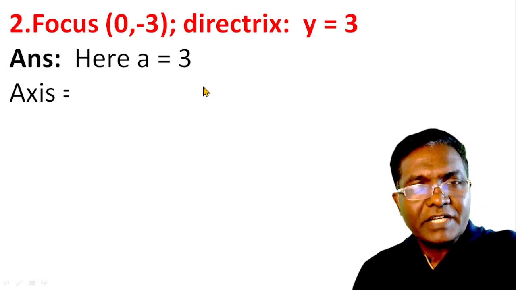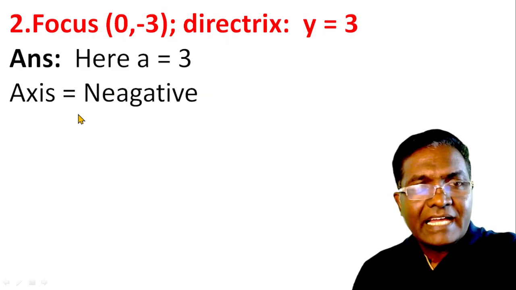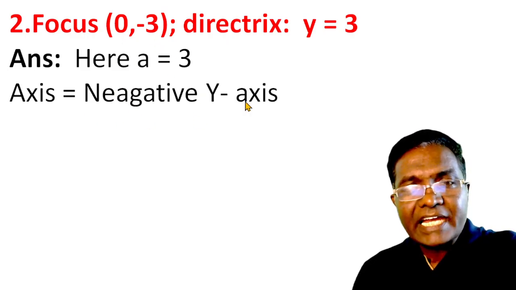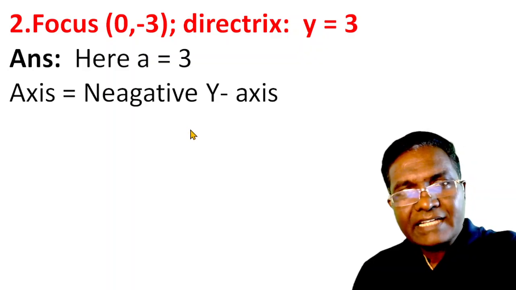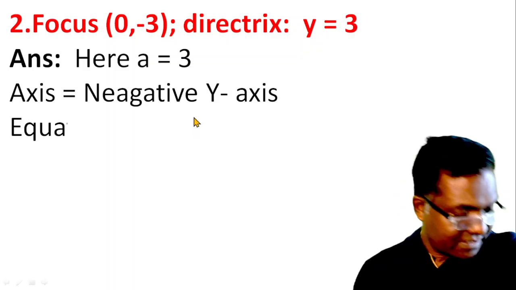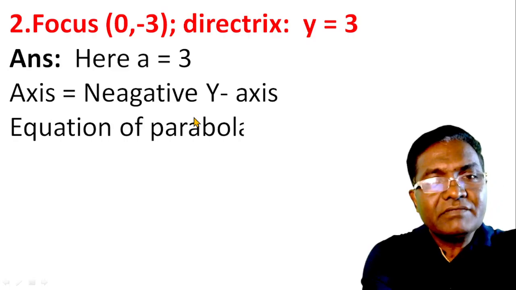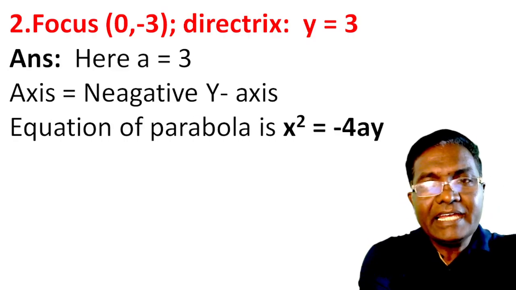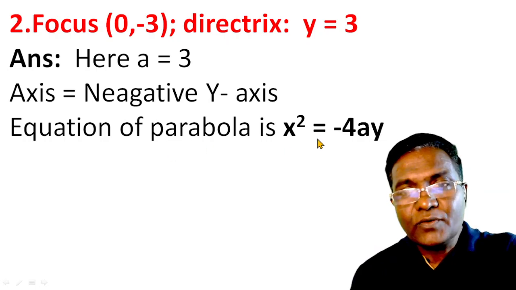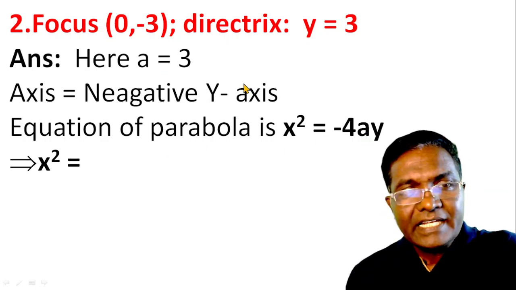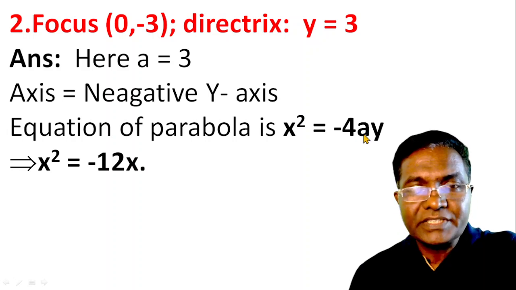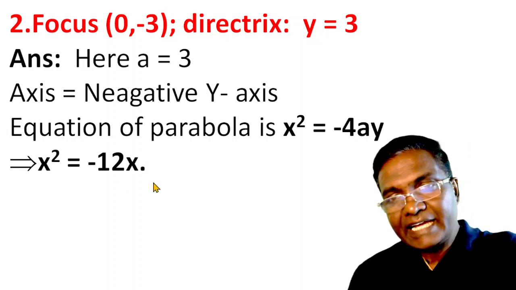That implies the axis is the negative y-axis. If the axis is the negative y-axis, then its equation is given by x square equals minus 4ay. So a is 3, so minus 4 into 3, that is x square equals minus 12y.